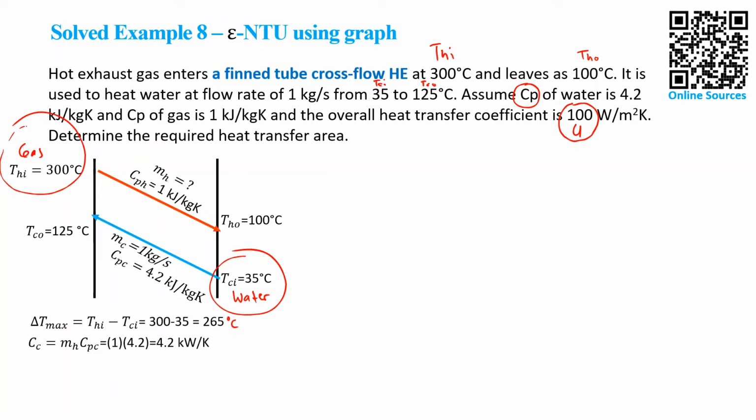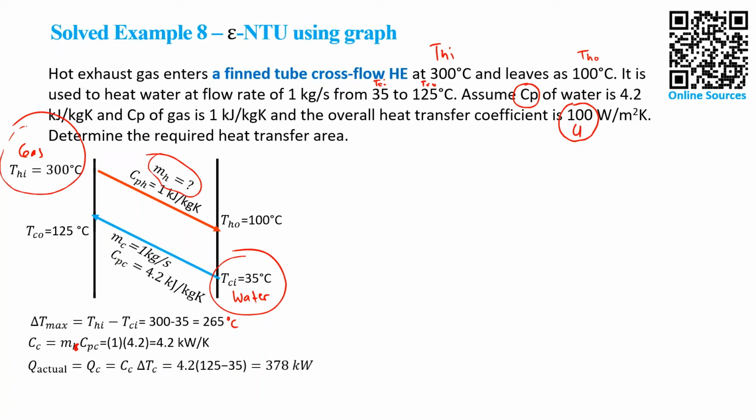Cc equals mc times Cpc, and we end up with Cc equal to 4.2 kilowatt per Kelvin. The next one, Ch, we cannot directly calculate. We need to first find out what mh is. So we use the energy balance on the hot and cold sides to find out mh.